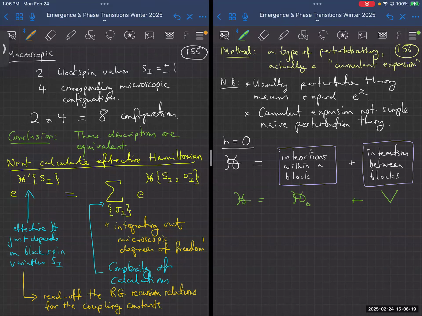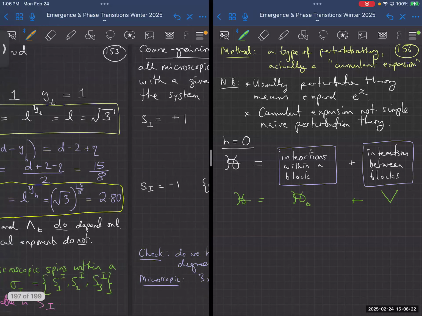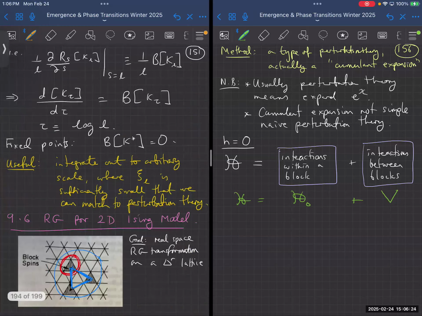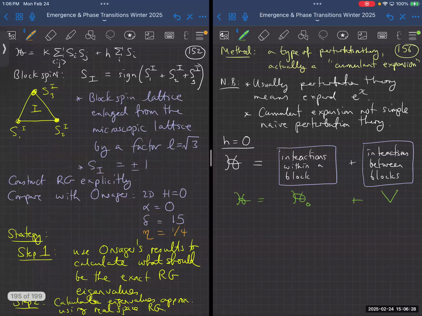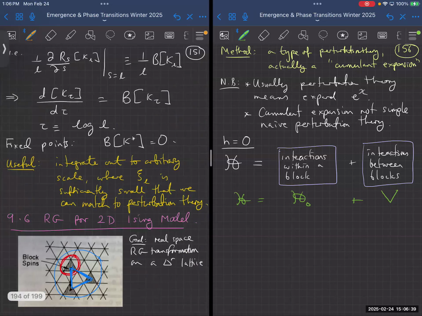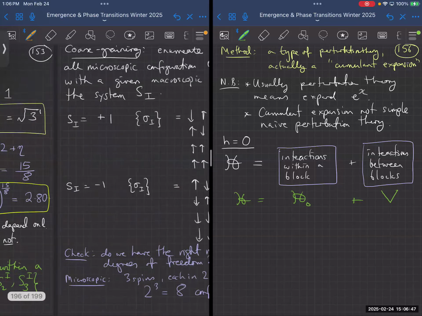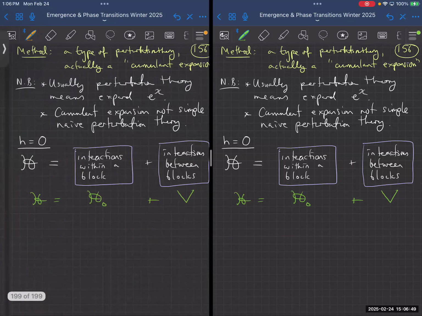So let's go and read off what H naught and V are. We can easily do that because here is our picture of our blocks. All I have to do is write down the sum between the spins S1i, S2i, S3i in the block, and then interactions between spins in different blocks, which are shown in this picture on the left with the blue lines. So let me go ahead and do that for you.